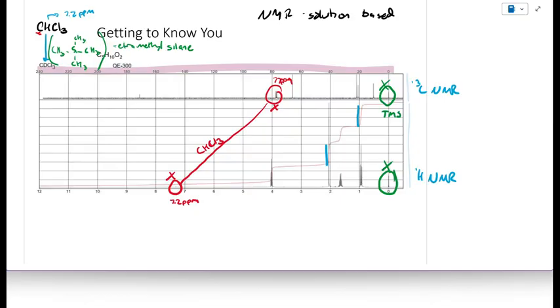The area under the curve is the same for both signals, so the integration of both of those signals should be the same. Similarly, the height of this line and the height of this line are also about the same, so the integration of both of those signals should also be the same. The number of hydrogens represented by each of those signals, whatever it is, should be the same.